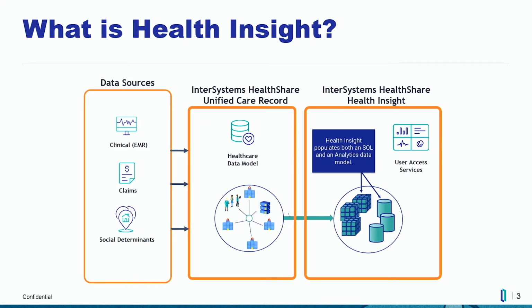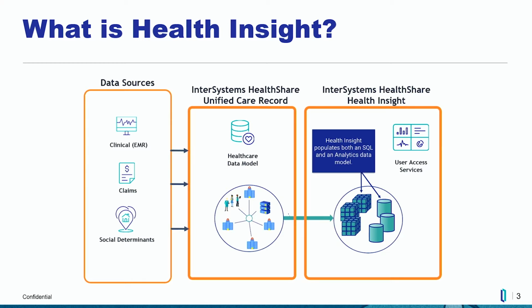It transforms the data and stores it in this very clean, normalized healthcare data model. And the data model for Unified Care Record is optimized for use cases that pull all of the data for a particular patient at a time.